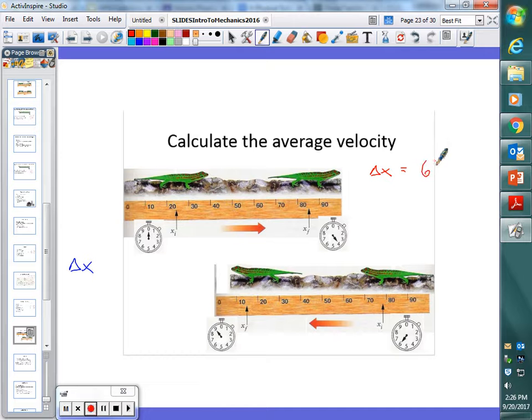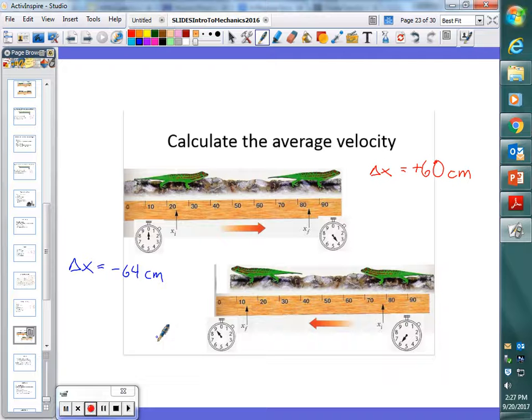Is that enough to give us the displacement? No. Positive 60 centimeters, right? Because we have to give direction, okay? And then this one was 64, but it's not 64, it's actually negative 64 centimeters. Okay, good with those? Those are just straight from the front side, okay?